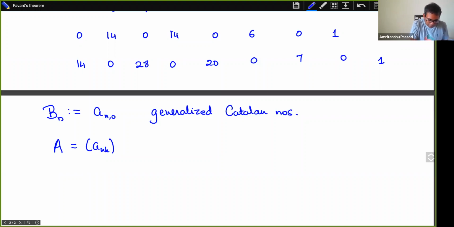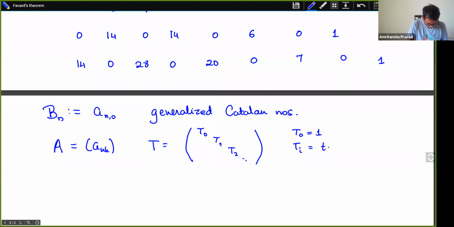T will be the diagonal matrix with entries capital T0, capital T1, capital T2, where capital T0 is defined to be 1, and capital Ti is defined to be the product of T1 up to Ti.